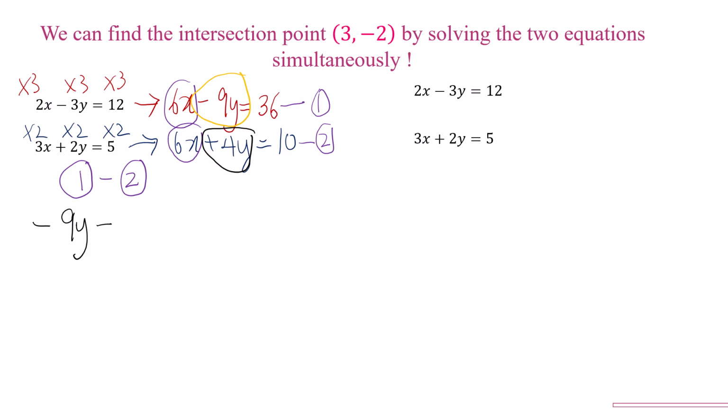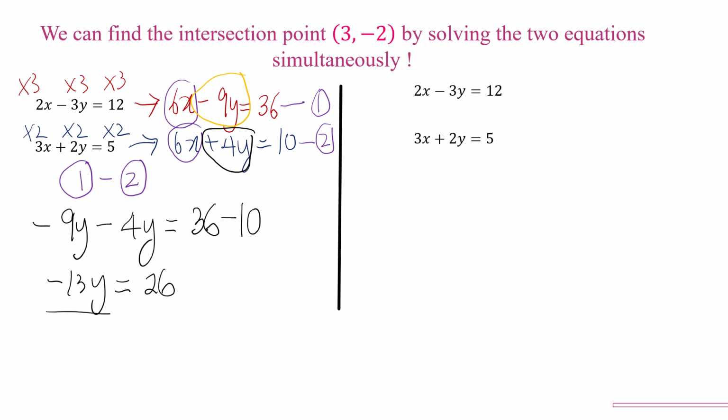So positive 4y is just 4y. So that is on the left-hand side. You're going to do the same with the number on the right-hand side. The number on the right-hand side for the first equation is 36, so I'm going to take 36 minus 10. So negative 9y minus 4y gives you negative 13y. 36 minus 10 will give you 26.